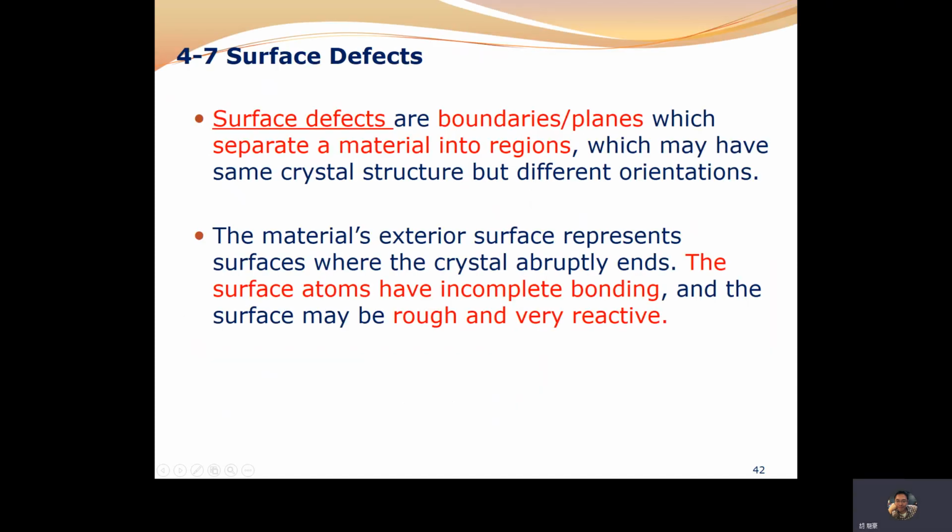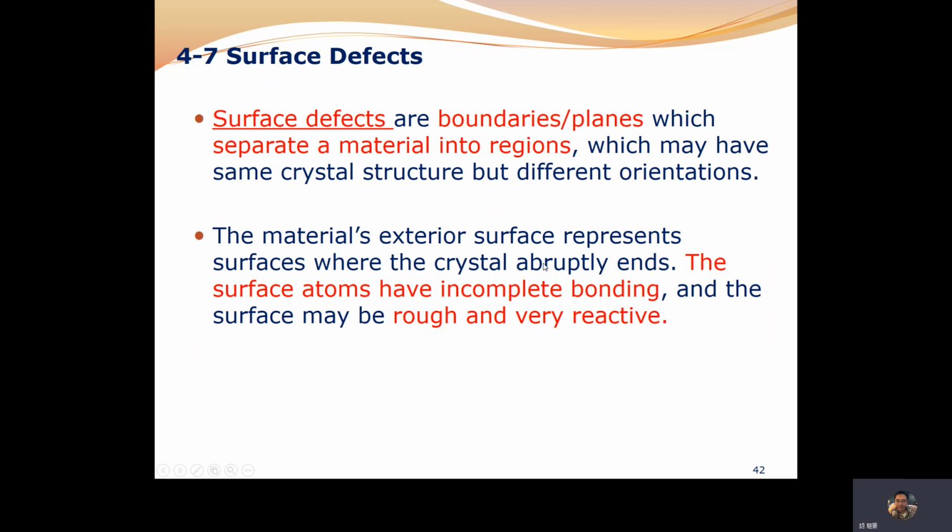Okay, so let's look at the surface defects, which include the boundary, the grain boundary, and the plane. Therefore, the surface defects are boundaries or planes which separate materials into regions, which might have the same crystal structure but different orientation.